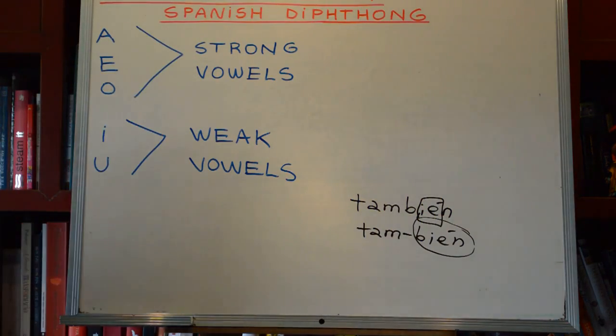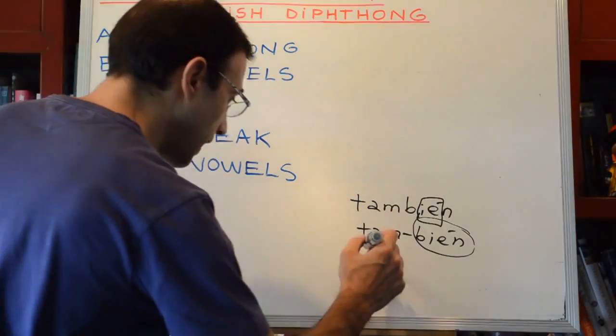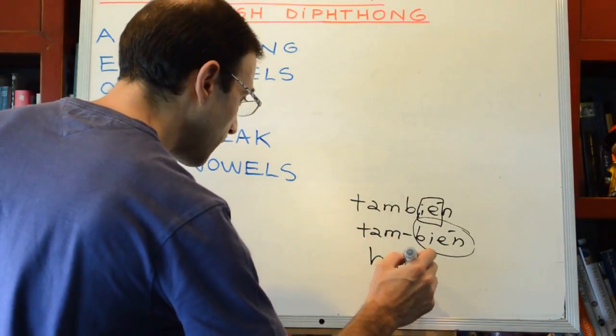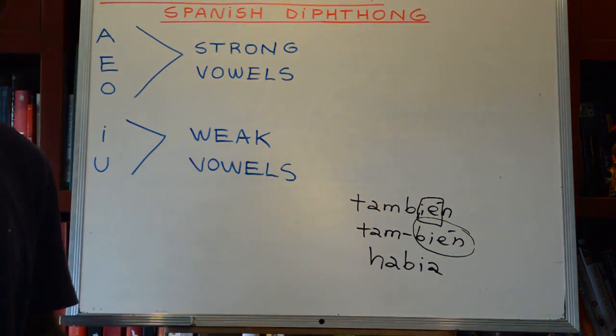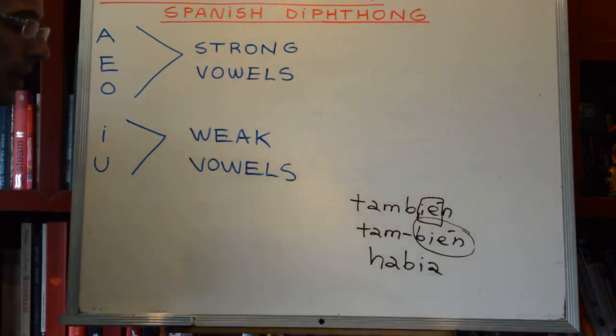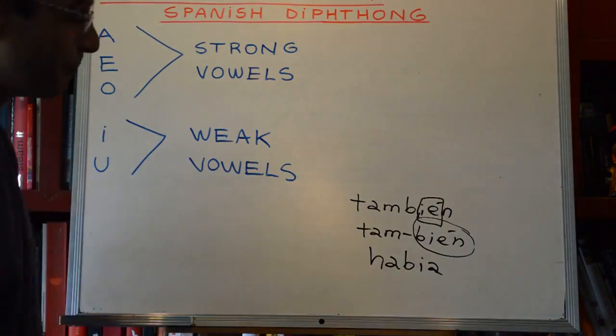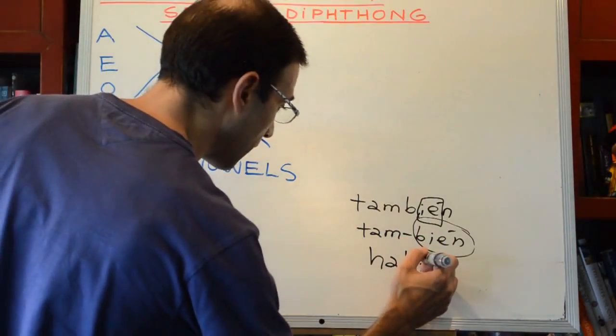When is it a hiatus? For example, the word había. Había is past tense of the verb haber, to have. Había has a tilde here.